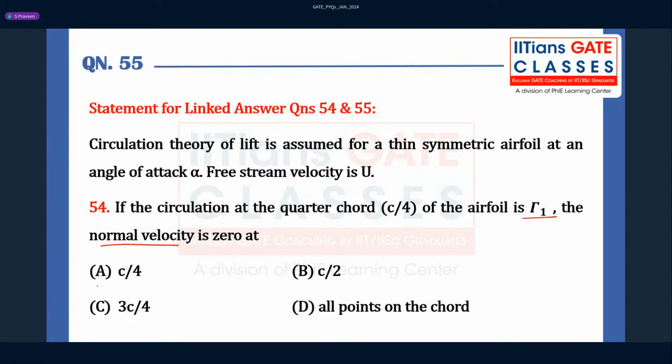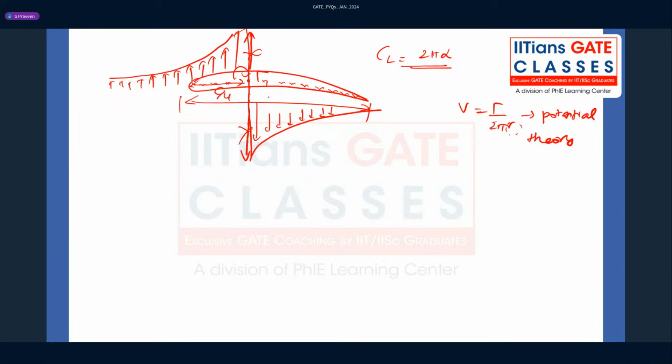If you take C by 2, let's take C by 2 first. Let's mark it somewhere in here. At some finite value, there exists some finite value of the velocity, which is gamma by 2 pi r.